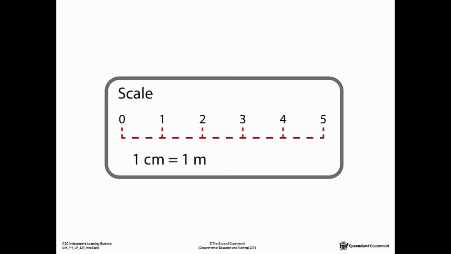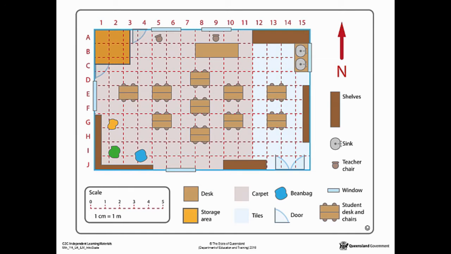This scale tells us that 1 centimetre on the plan equals 1 metre in real life. The information in the scale tells the user about this plan and the real-life distances in this classroom. For example, the distance between the desk and the sink is 4 squares on the grid, or 4 centimetres.